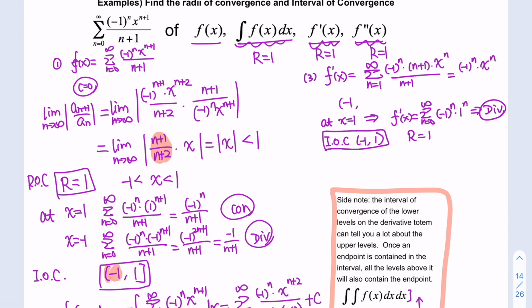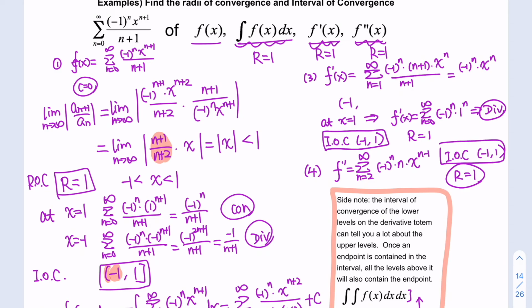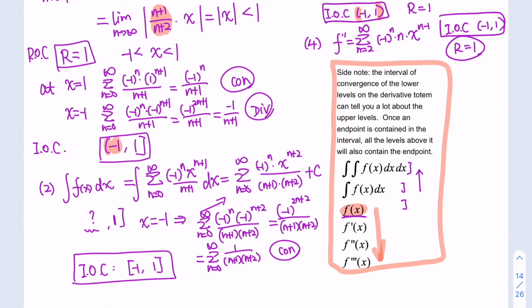Because f prime is open, for f double prime, when we take the derivative, we change the starting index from 1 to 2, n times x to the n minus 1. However, for the interval of convergence, we don't need to do anything, it will be negative 1 to 1. The radius of convergence stays the same. Once it's open on either side, all the lower ones will be open.